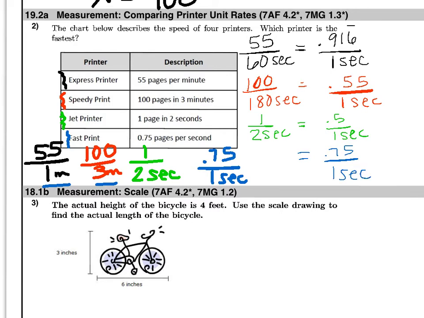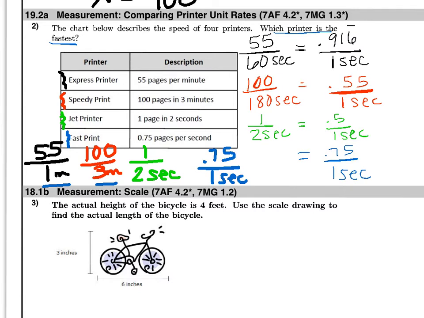So now that we have them all in these unit rates, they're all in the same measurement, we have to go back and remind ourselves what we're looking for. Which printer is the fastest? The fastest means that I should get the most pages for my time. So which one is the biggest number? If you compare your rates, 0.75 is bigger than 0.5.